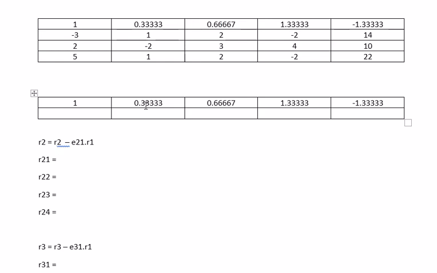So for simplicity of our discussion, in the formula, we have R2 is equal to the element in row 2, column 1 times the value of the element in row 1.